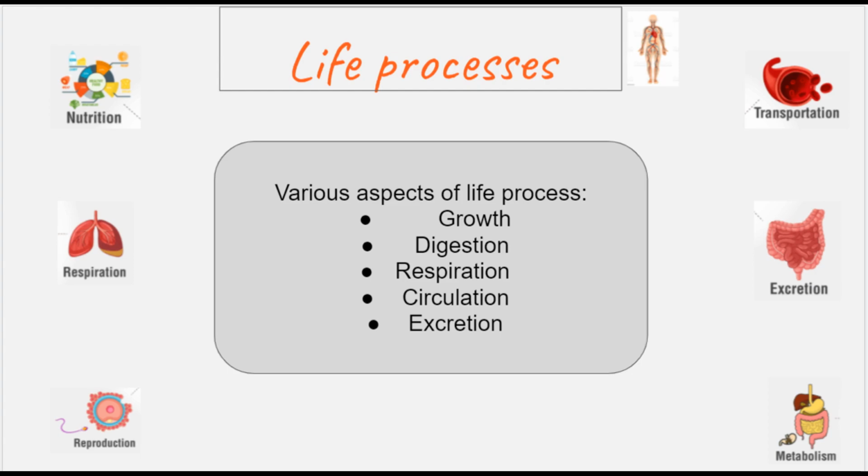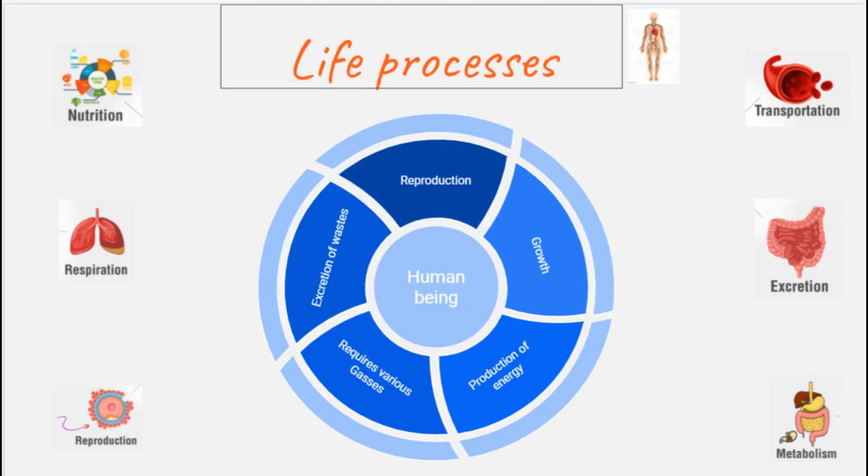For example, a human being gives birth to a child of its own kind. When the child grows, during the different stages of its growth, it takes in food in different levels. The food is digested, it is utilized in various ways like production of energy.